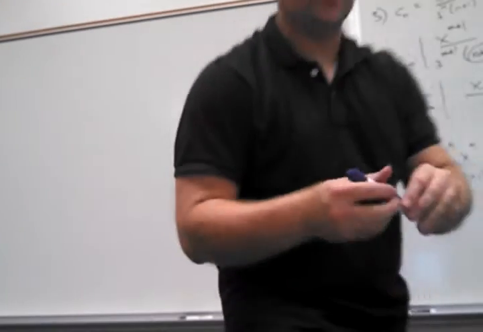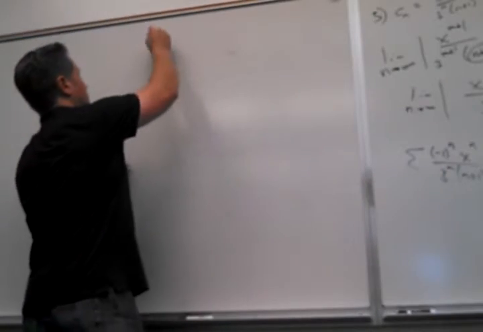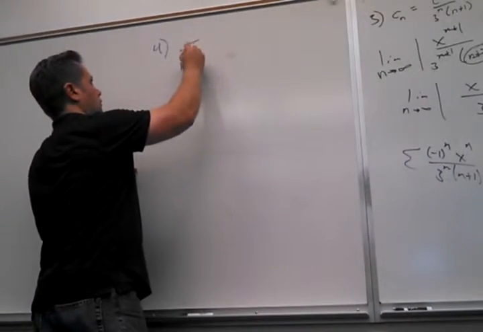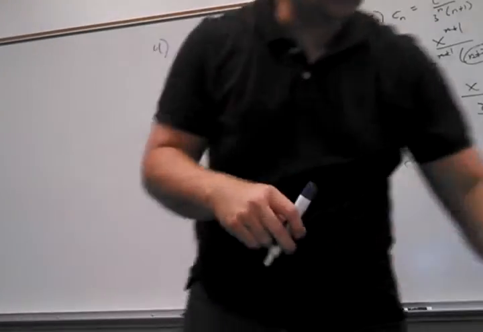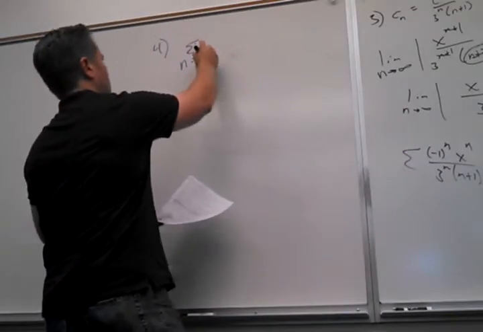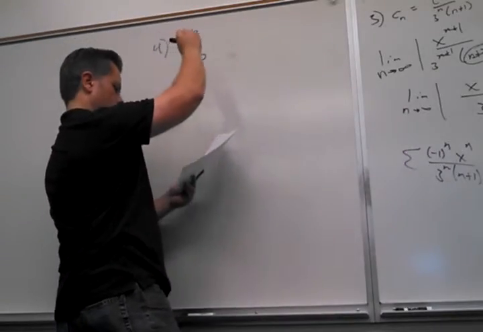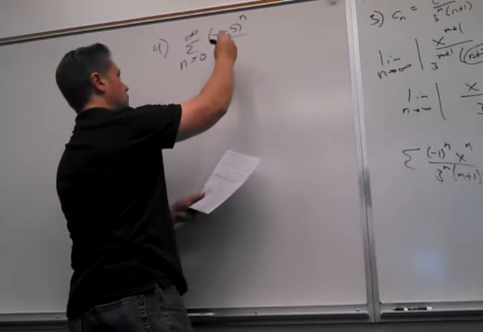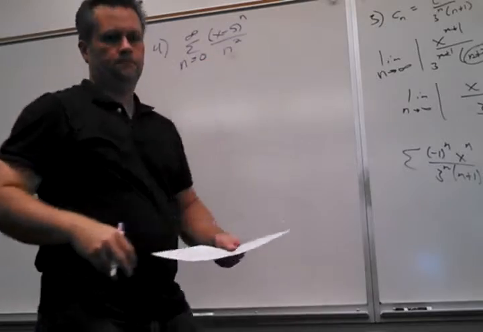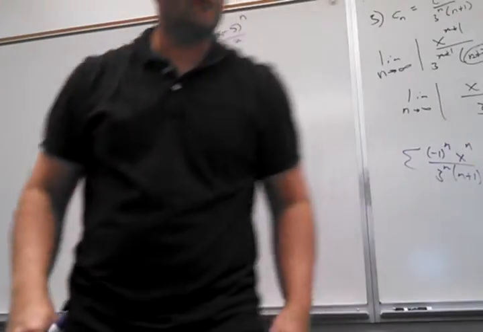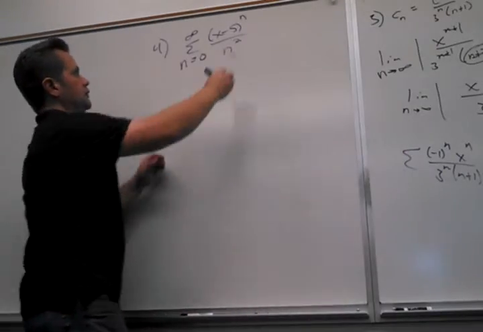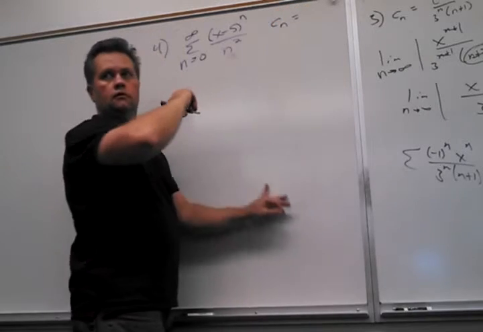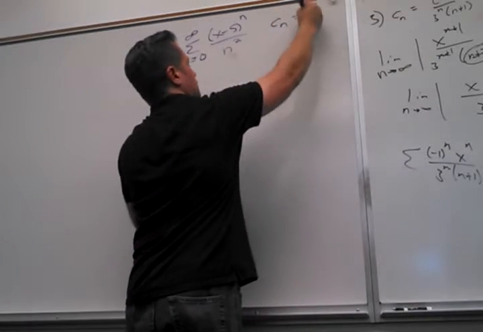All right, so what about this last guy? Let's do this last guy. So c_n is 1 over n squared.